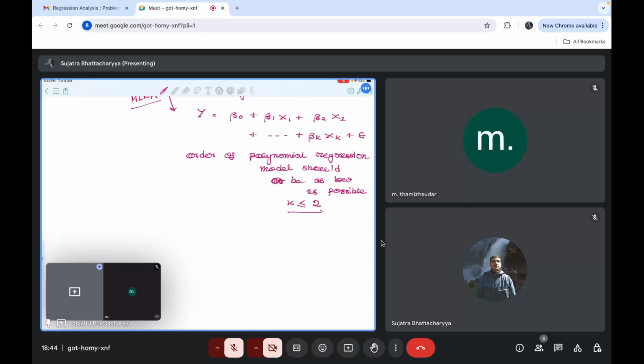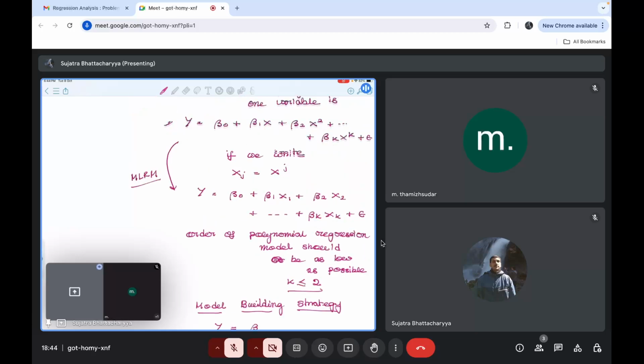Now, how to build a model? So, model building strategy is the next concept being discussed. Suppose you start with a linear model.